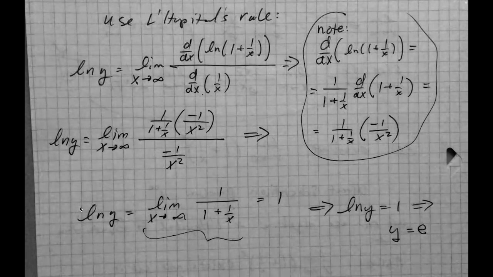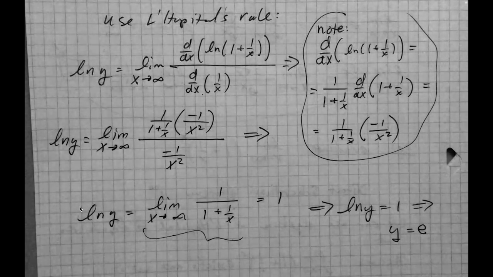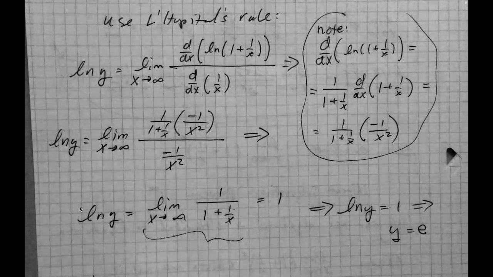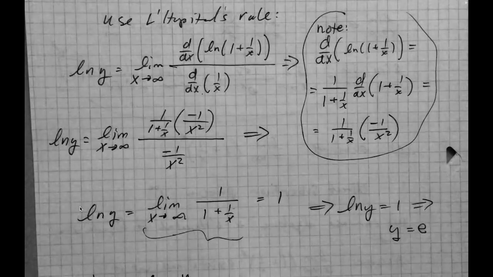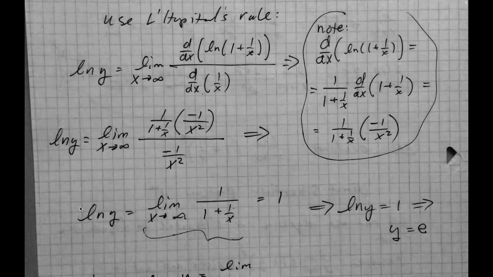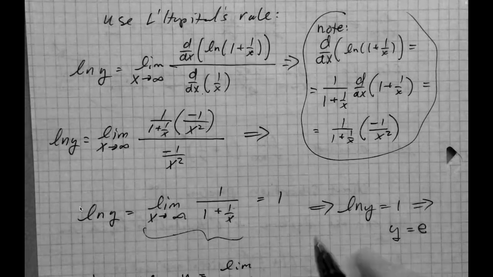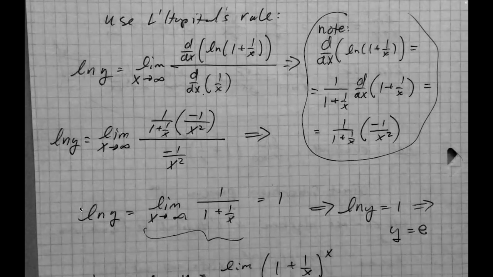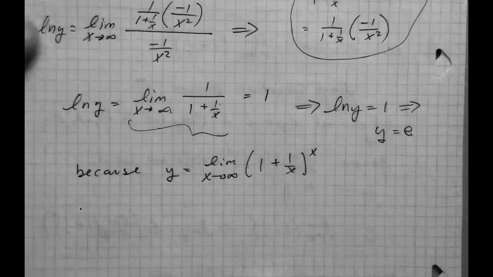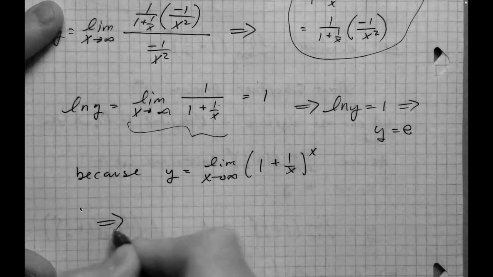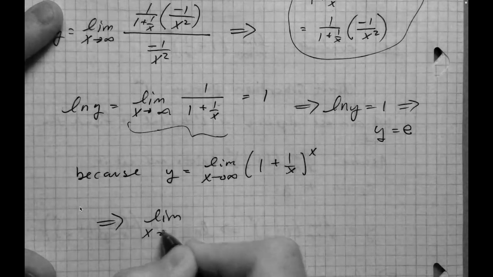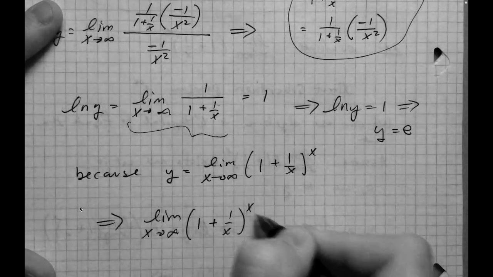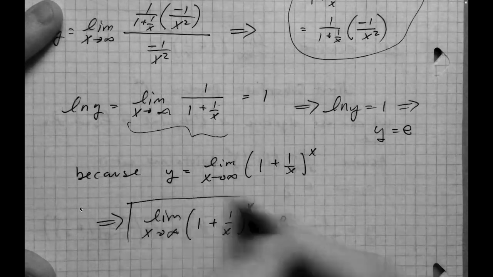Okay, now remember, y is our assumed value of the original limit we were looking at, right? Because we said that y is equal to the limit as x approaches infinity of 1 plus 1 over x to the x power, that's what we said. This is going to imply that the limit that we were looking at initially is equal to e.